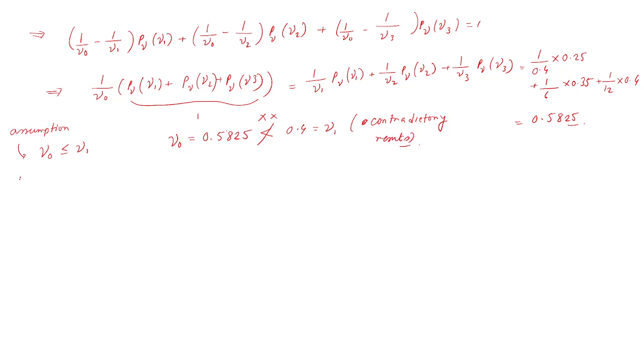So our assumption of non-zero power allocation to all channels is wrong. We assumed that non-zero power is allocated to every channel, but it comes out to be wrong, because we started with the assumption, and the optimal gamma naught value we obtained contradicts the assumption, therefore it's wrong.